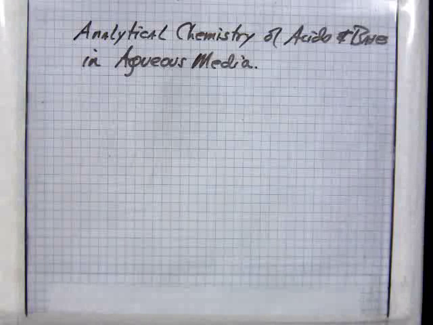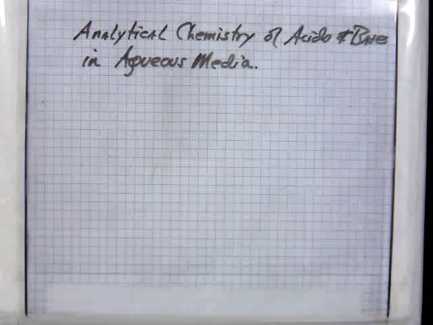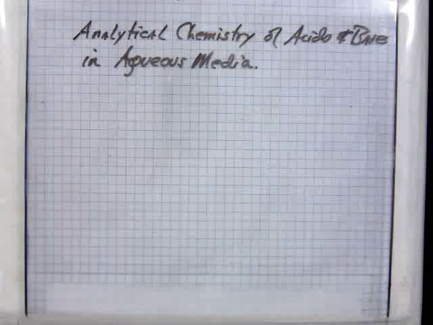Now, when we talk about acid-base analytical chemistry, we're talking about determining how much of the hydronium ions or hydroxide ions are delivered into solution, and from that we define the relative acidity.